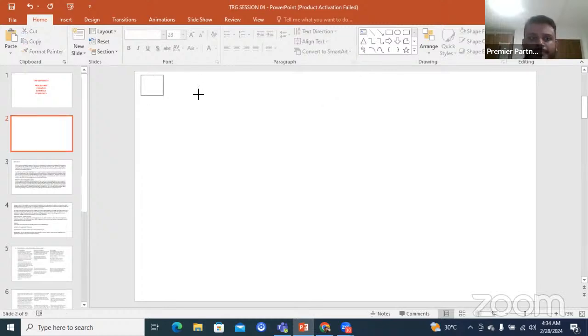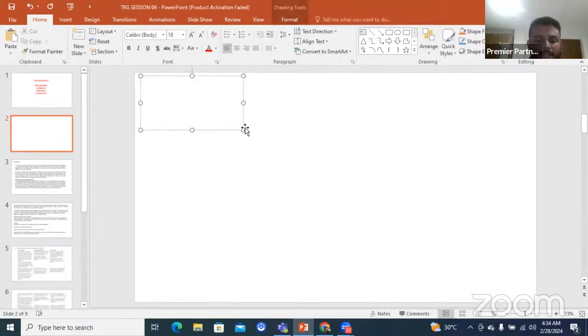Actually, if I take external audit, that external audit deals with 3 stages, students. The first stage, I can say, is the planning stage, right? The second stage is the performance stage, and the third stage is the reporting stage.